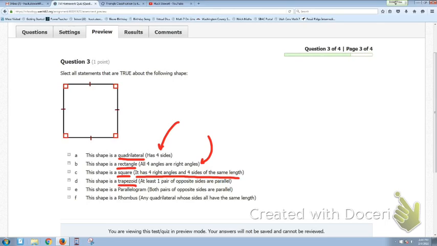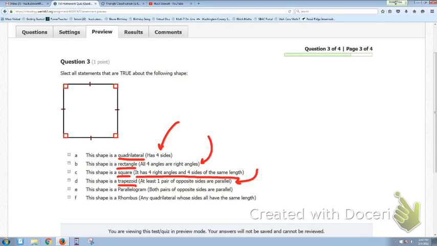Is this a trapezoid? Meaning, does it have at least one pair of opposite sides that are parallel? Remember, that means at least, so if there is more than one pair of parallel sides in this shape, it could still be a trapezoid. So make sure you understand that. Is this a parallelogram?